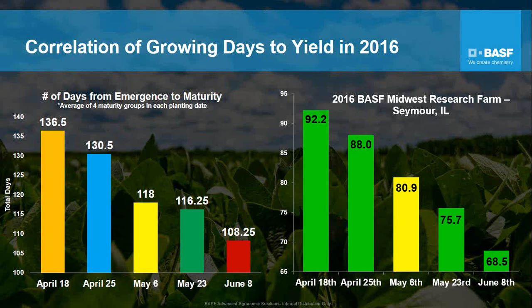So very interesting here, in that the trend of total number of days from emergence to maturity is not too far off from the final yield data averaged across those same varieties. We had even about a 4 bushel advantage to April 18th over April 25th, and from April 18th all the way out to June 8th, a 24 bushel swing in yield across these 4 varieties.